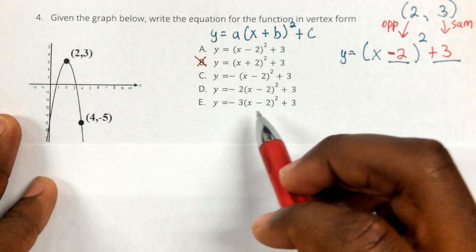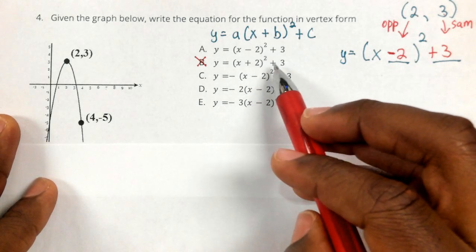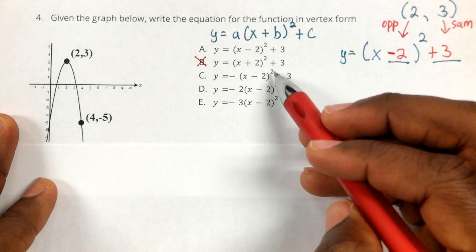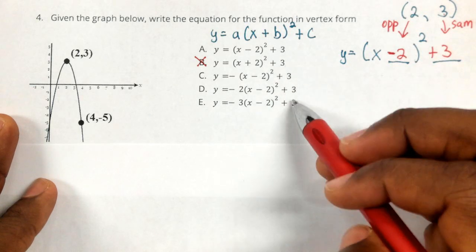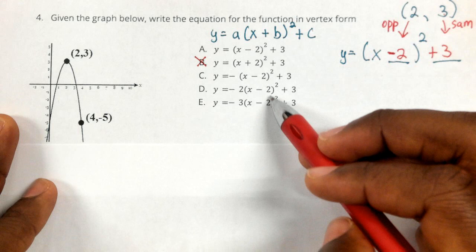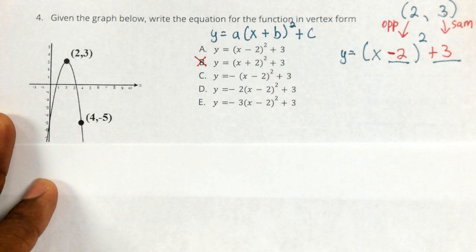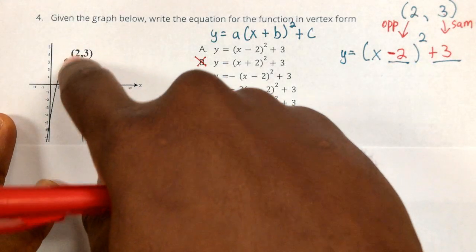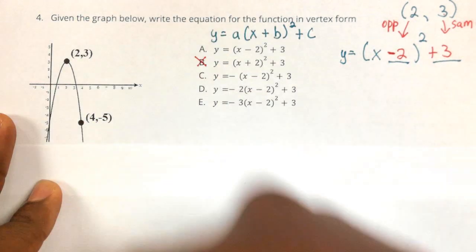What else could also be out? That's the only one that I can automatically eliminate, because everything else has a positive 3 on the outside and a negative 2 on the inside. Now, I see that the curve is facing down.